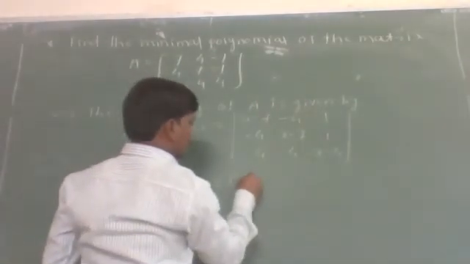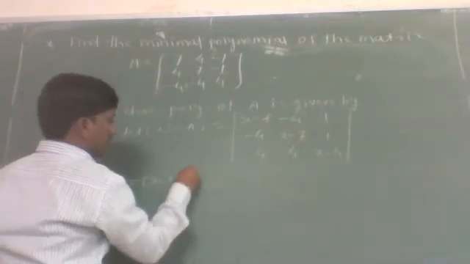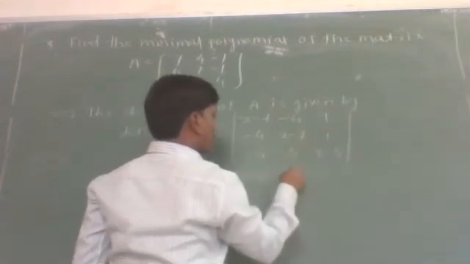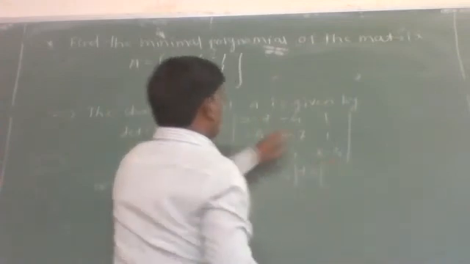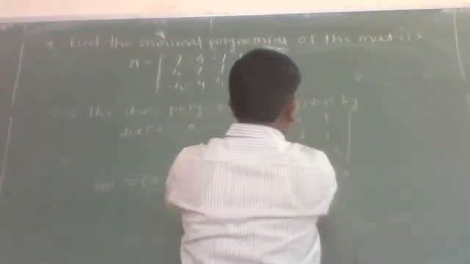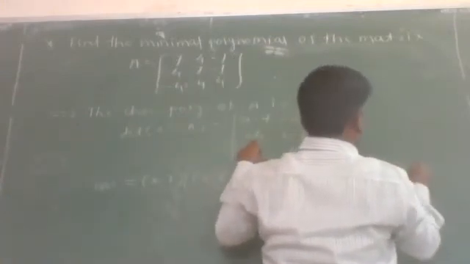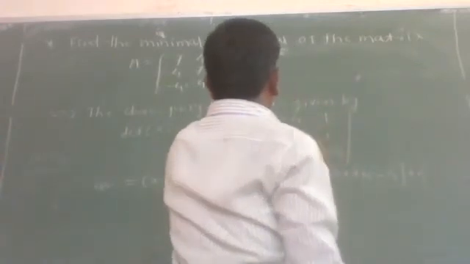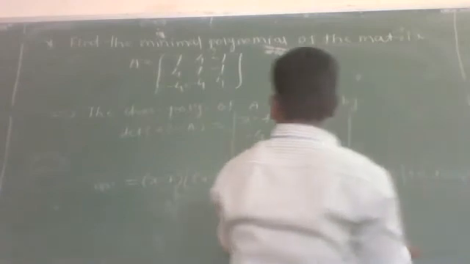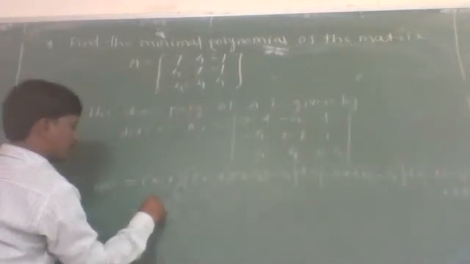Which is nothing but x minus 7 into (x minus 7 into x minus 4 minus 4) plus 4 into minus of (4x plus 16 minus 4) plus 1 into minus of (16 minus 4x plus 28).